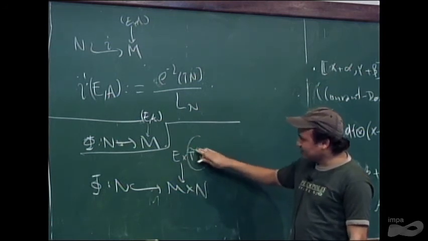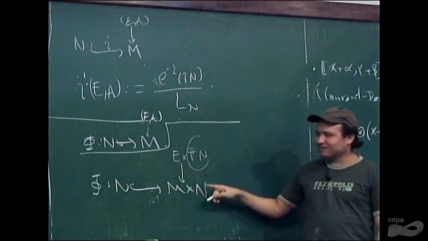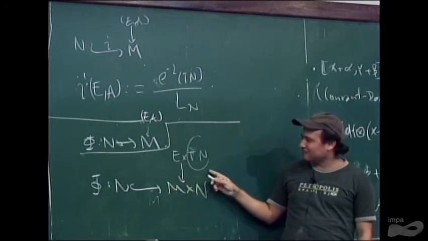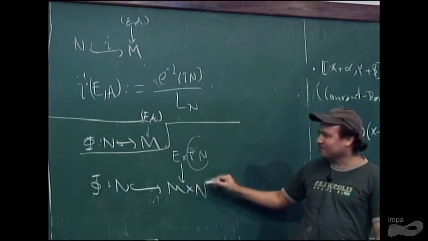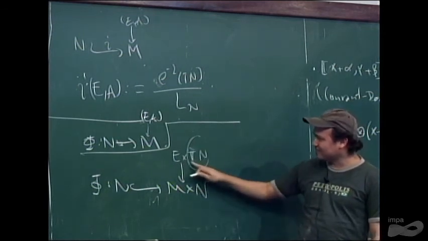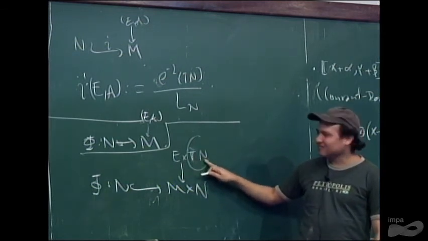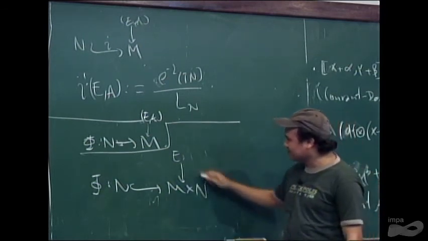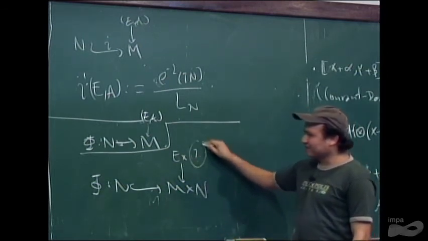If you put the tangent space of N, the pullback will be Lie algebroids. But for Courant algebroids, you have to put T plus T star of M. So it's not clear what you should put in here.